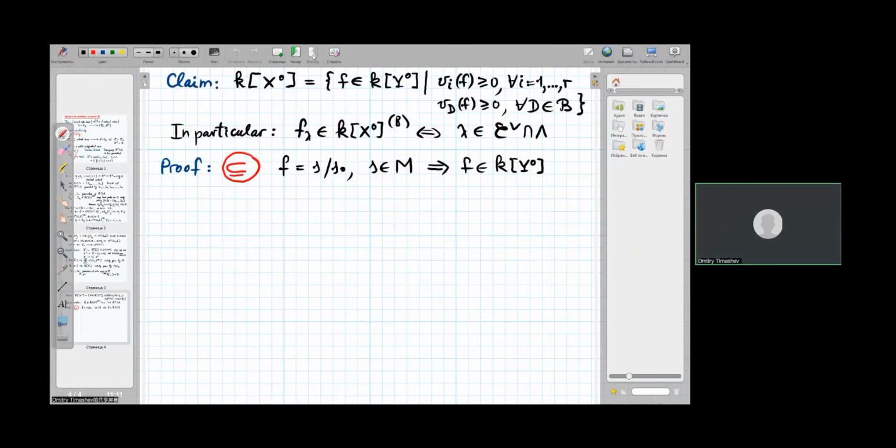These are B-stable divisors, and therefore this fraction has no poles on the open B orbit.